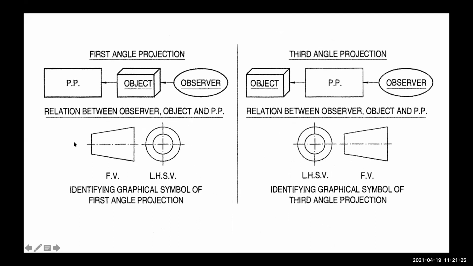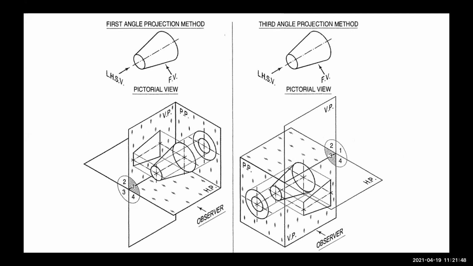Once again, I will show you that, this is for your first angle projection method, and this is the symbol for your third angle projection method. Only thing you can see is the difference of location of this left hand side view, and how the symbol is coming, we will also see that. So once again, I would like to show you this video at that location where they have used it.